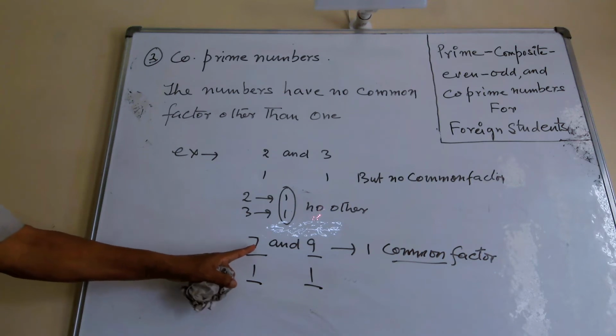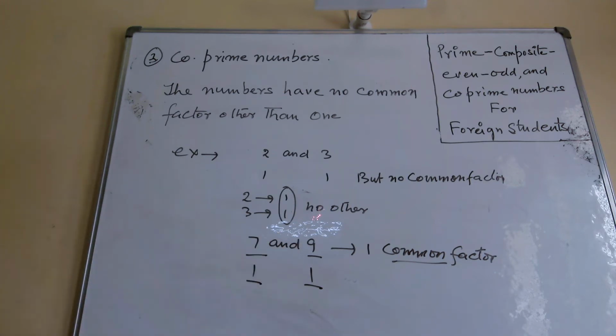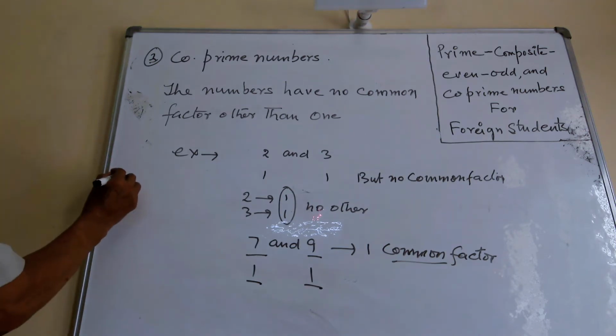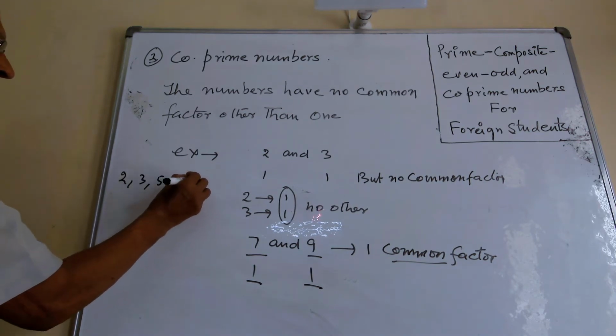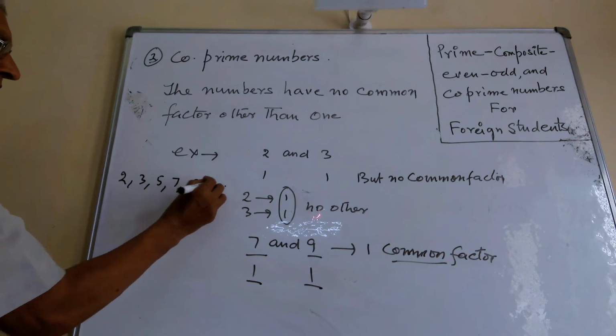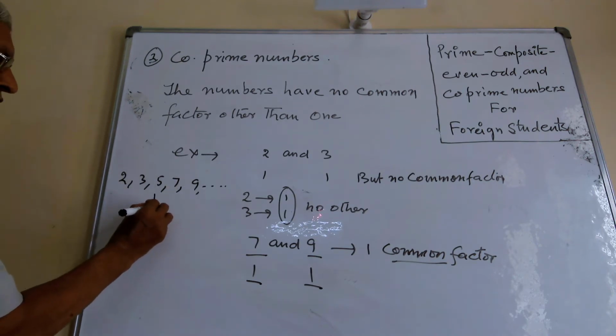No other number can divide both 7 and 9. So these are co-prime numbers.